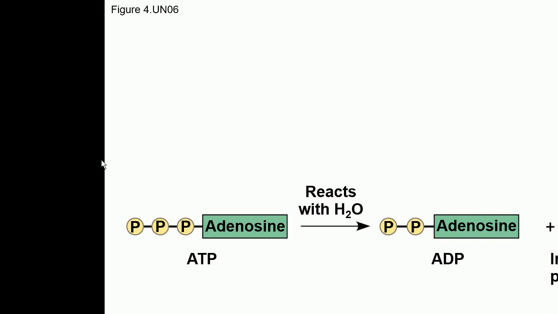It comes from the food we eat. Then inside our cells, when our cells need energy, this ATP reacts with water, and a hydrolysis reaction takes place. Because of that, the bond between these phosphates is broken, and this ATP gets converted into ADP, adenosine diphosphate.